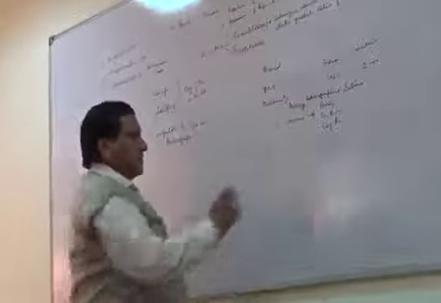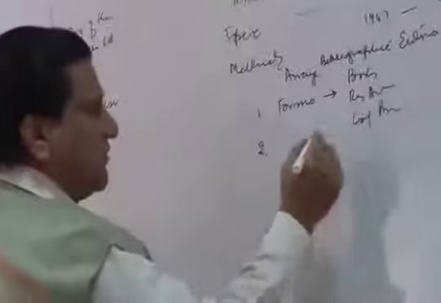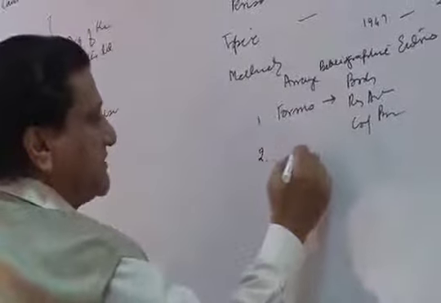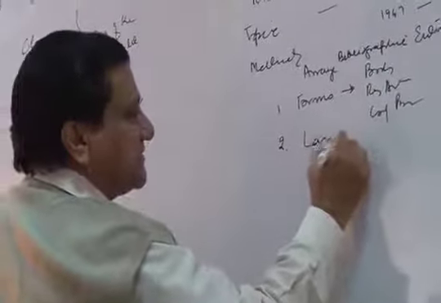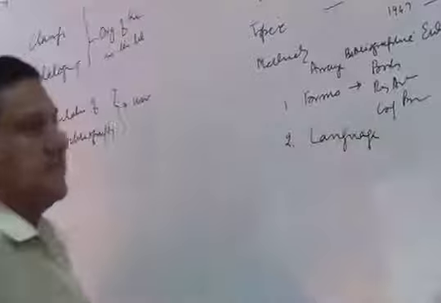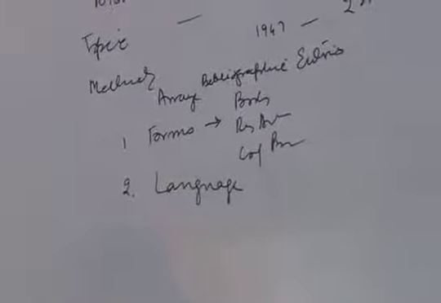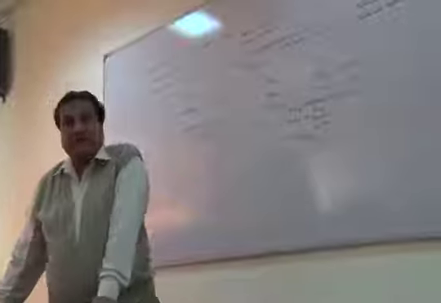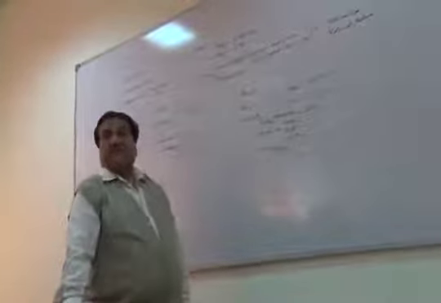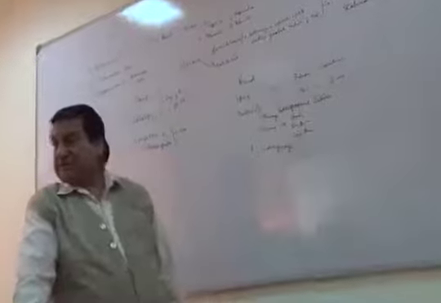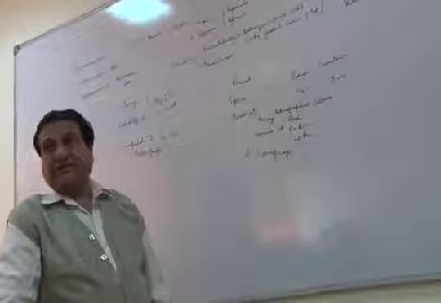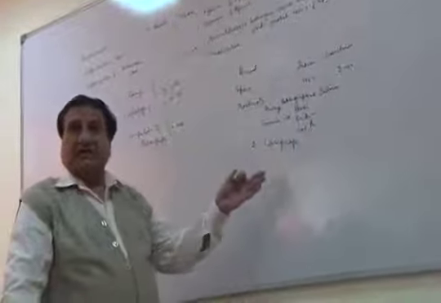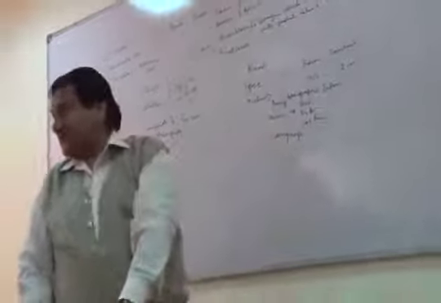Similarly, you can also arrange these bibliographic entries on the basis of language. And you can find out in which language on this topic what publications have come, which is the most productive language. You can arrange them, whether in Hindi or in Bengali or in Marathi or in any other language.